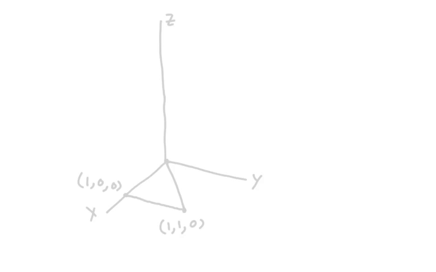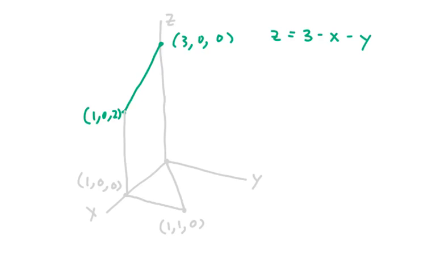I have a point at the origin. And so the plane is angled. That plane has an intercept up here of 3, 0, 0. So this is my plane. I'm graphing z equals 3 minus x minus y.